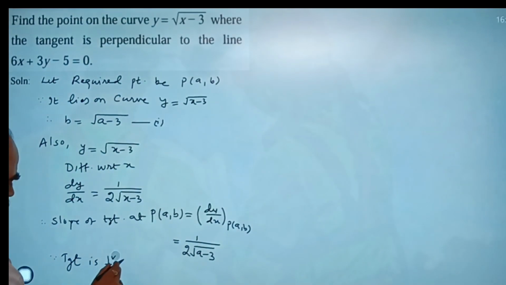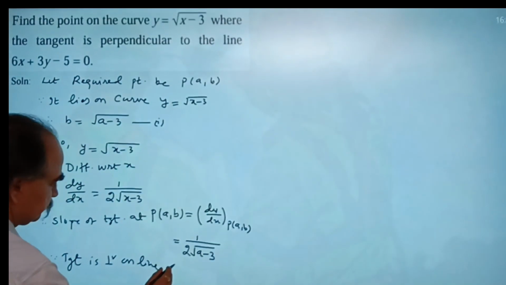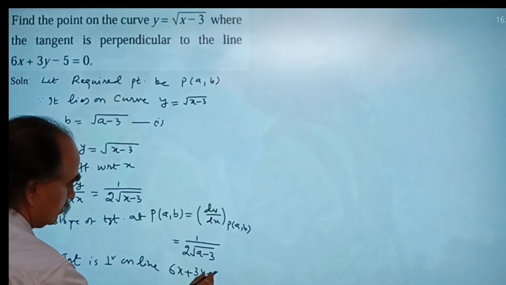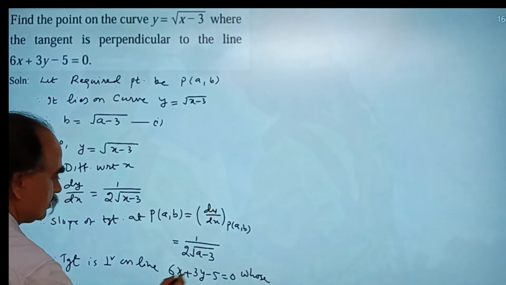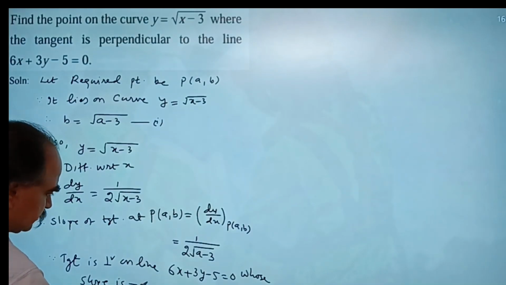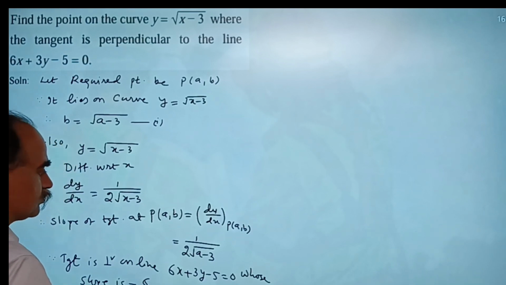Since tangent is perpendicular to the line 6x plus 3y, whose slope is what? Minus 6 by 3, minus 2.